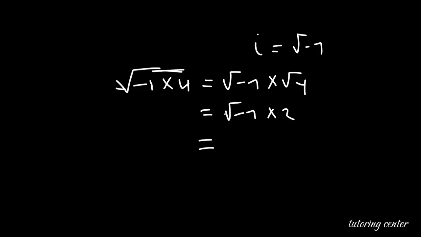So the square root of -4 is equal to 2i. Okay, I just wanted to put a little bit of foundation.